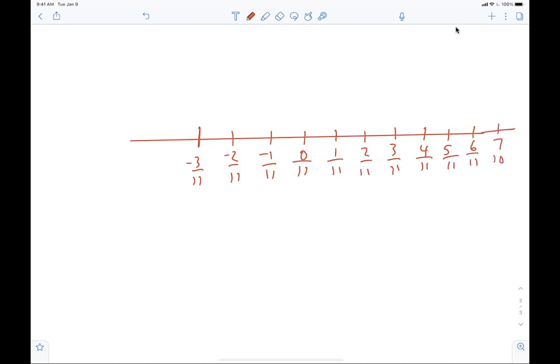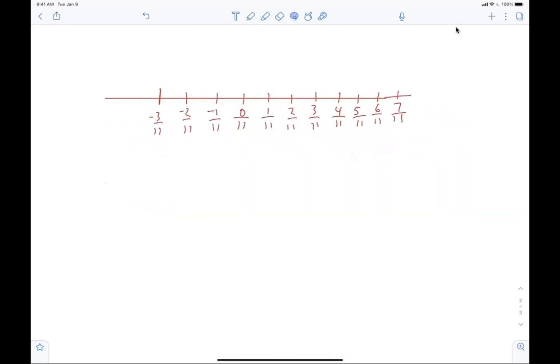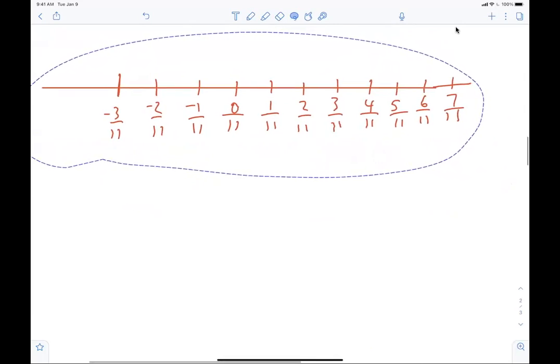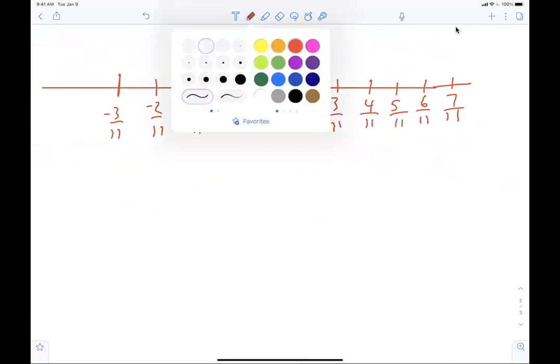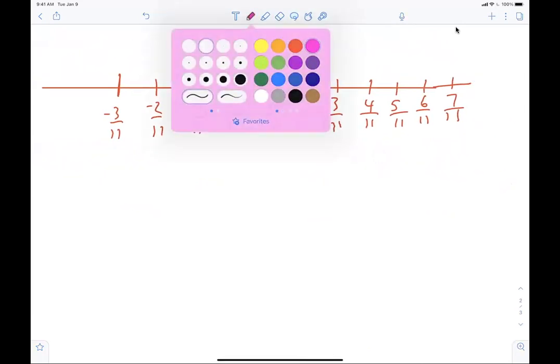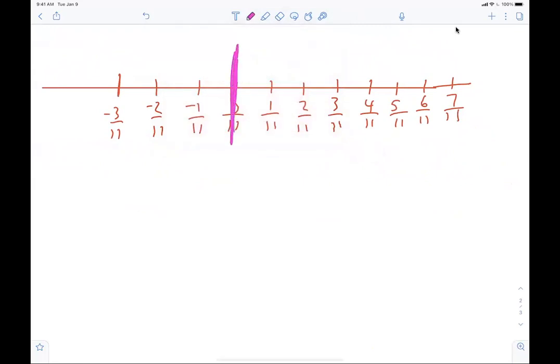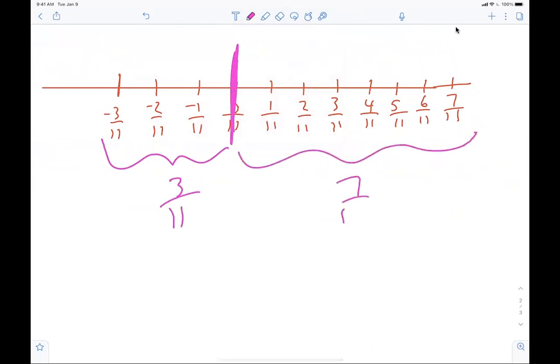I'm going all the way to, wow, 7/11. So this is what they were talking about when they said, use the number line. Everybody with me on this? This right here is 0, right? So this is 3/11, and this is 7/11. So altogether that made 10/11. Is everybody happy with that? Everybody good?